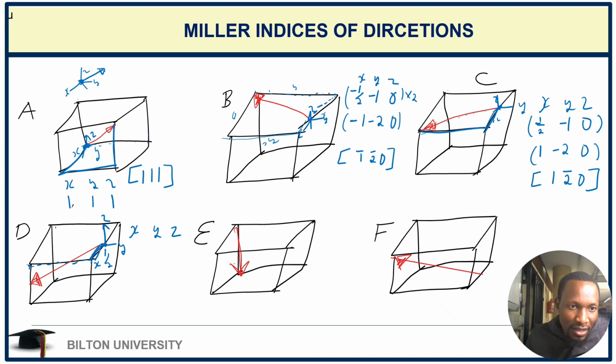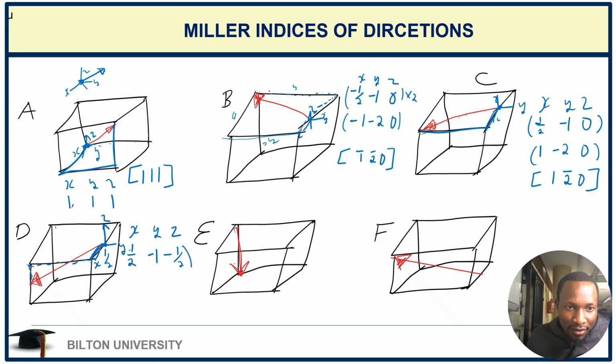Once it reaches here, it moves downward in the z direction. So our x is positive 1/2, y is minus 1 full length, and in z, because going upward is the positive direction, going downward is negative, and it is half, so we have minus 1/2 in the z direction.